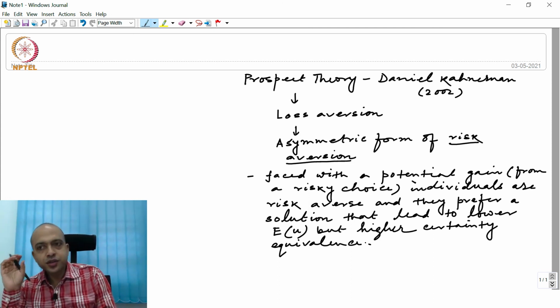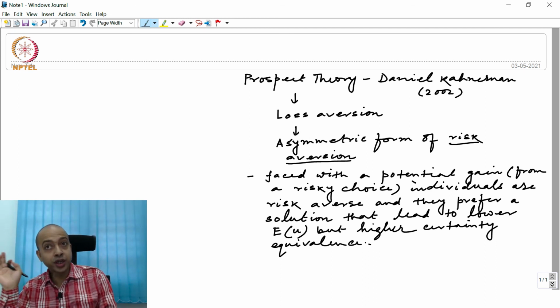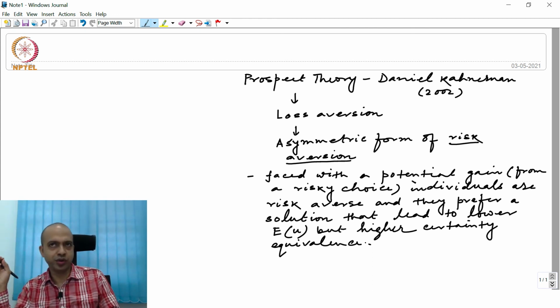Okay, so this is purely based on the risk averse nature of the individual, wherein the value function is concave to the origin, which basically says the individual will prefer a solution in which they get lower expected utility but higher certainty equivalence.